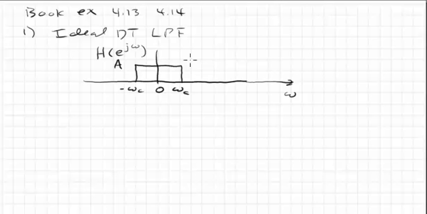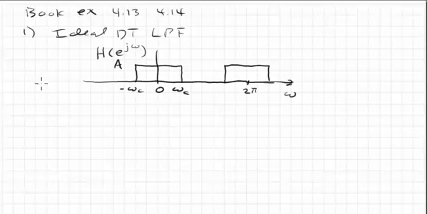The thing about discrete time is that every spectrum of a discrete time signal or an impulse response function always is periodic. So we always have copies of this, images you might say, at regular intervals of 2 pi.